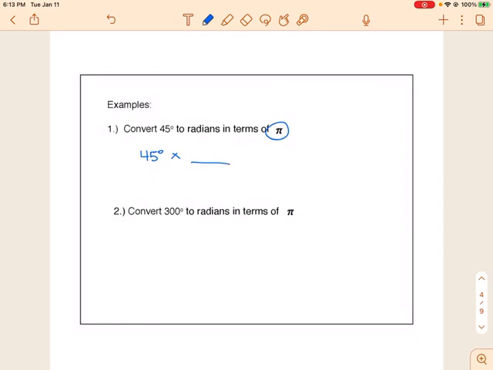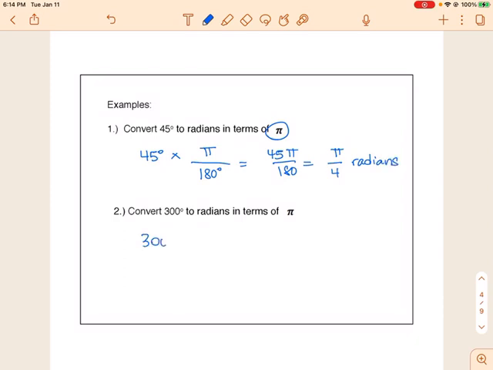So a good way to remember is if I want to end in pi, then my pi needs to be in the numerator. So it's pi over 180. And we multiply that and we get 45 pi over 180. And we reduce everything. So it'd be pi over 4 radians.